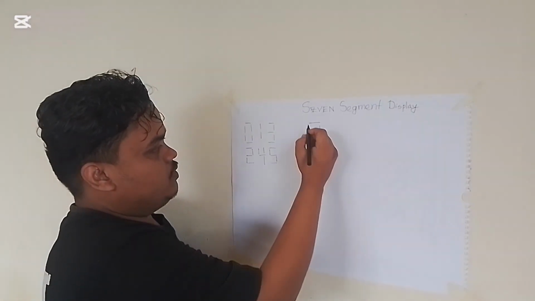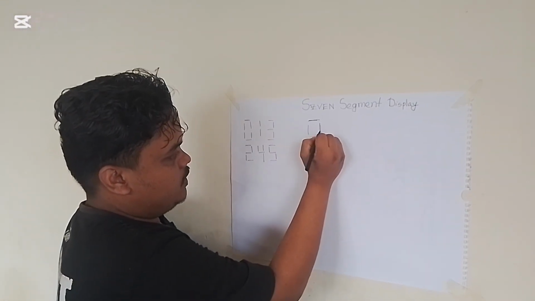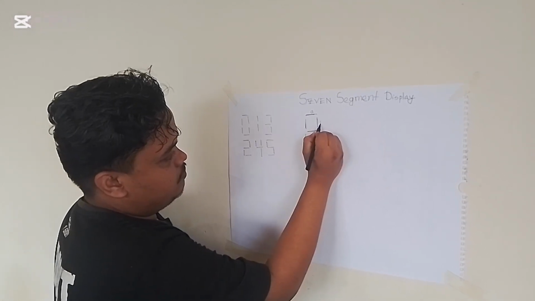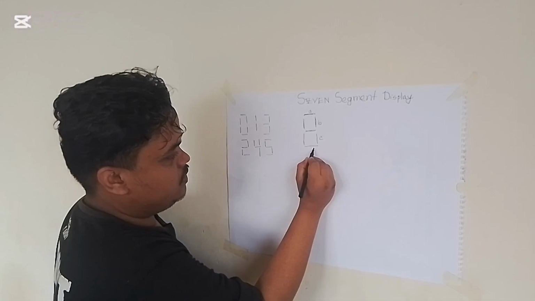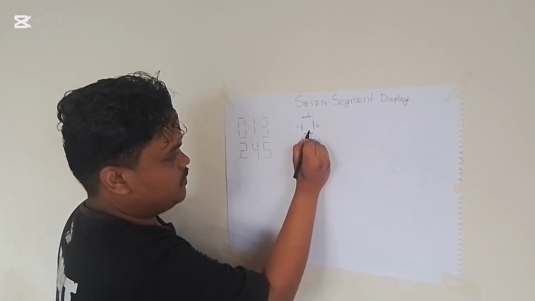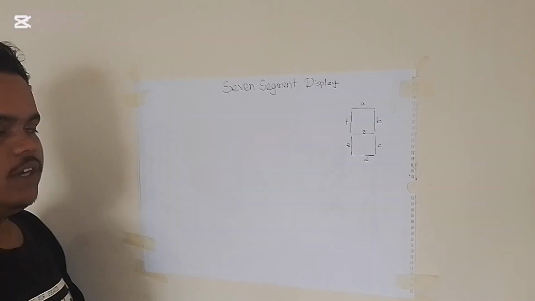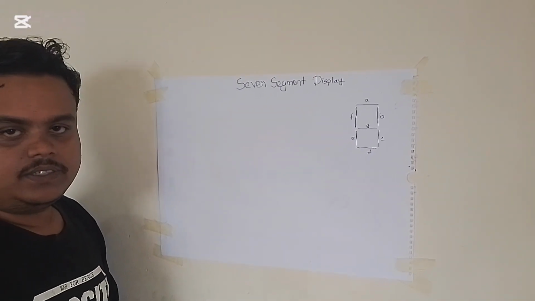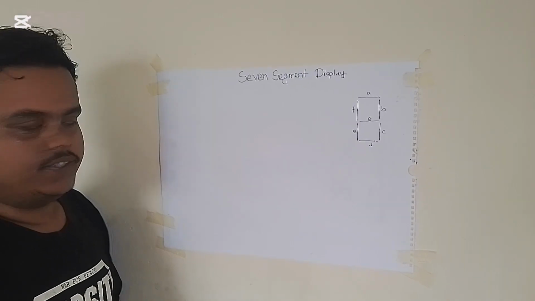So here this 7 segment display, we name the segments A, B, C, D, E, F, G. Now we represent binary digits from 0 to 9.